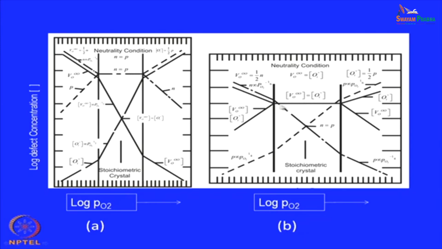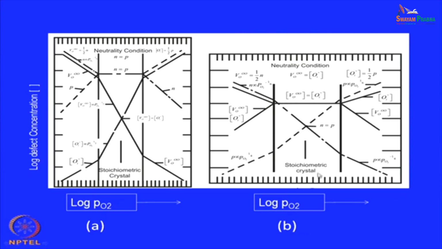So, this is a very generalized situation, and the whole range is not applicable to all the oxides. Some of the oxides reside here, mostly stoichiometric, for example zirconia-like things, where ionic compensation is the more important thing.